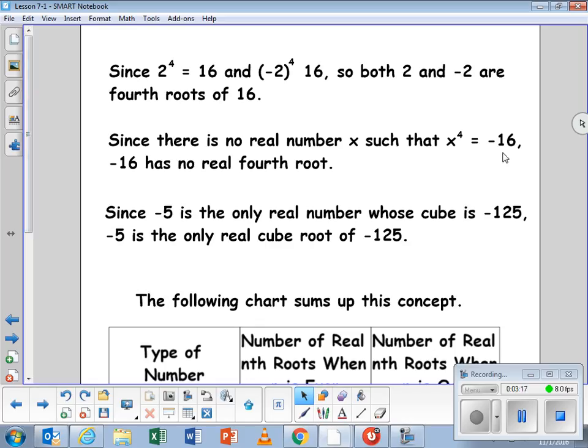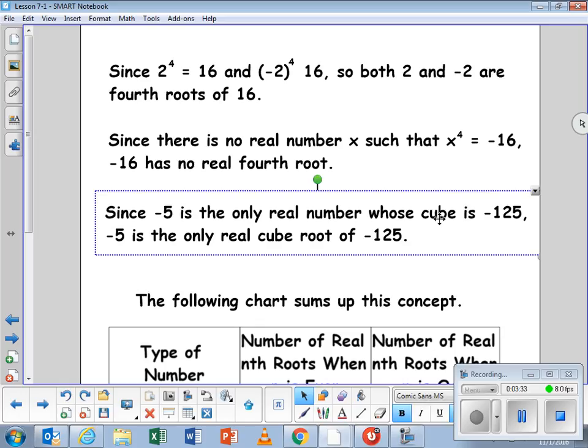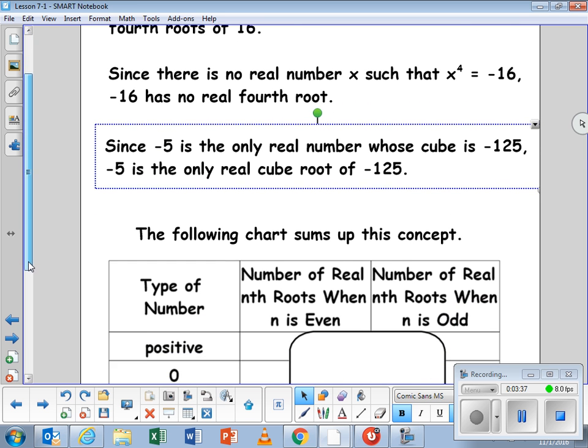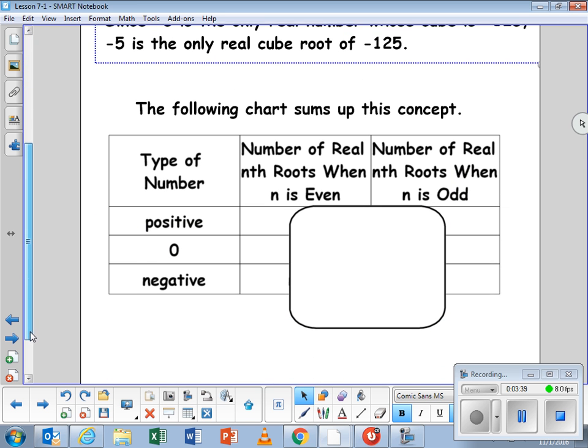And how many real roots did it have? None. Okay? And then we had a negative number and an odd power. And how many real roots did it have? 1.